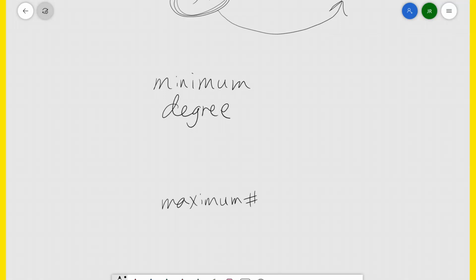And I've got a graphic for you to explain that. All right, the minimum degree is related to the maximum number of turning points.